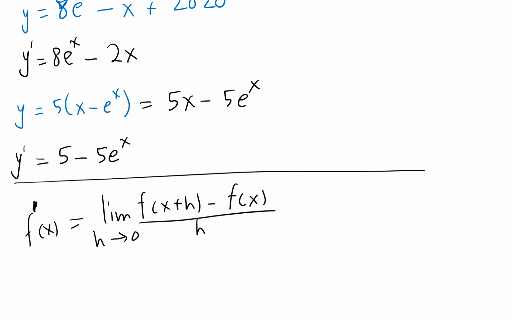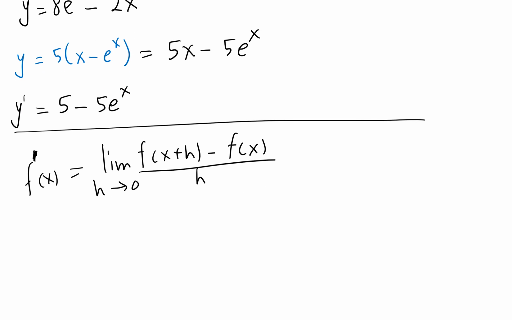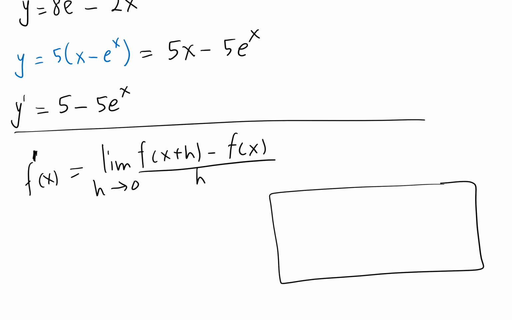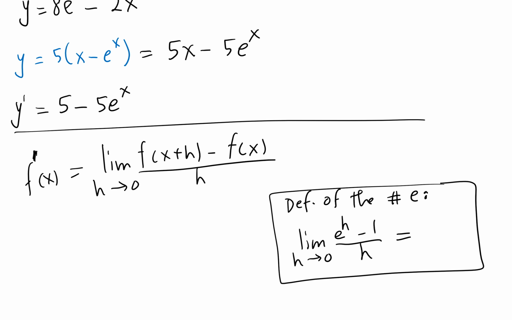And this is the definition of the number e. e is defined so that the limit of e to the h minus 1 over h as h goes to 0 is always 1.